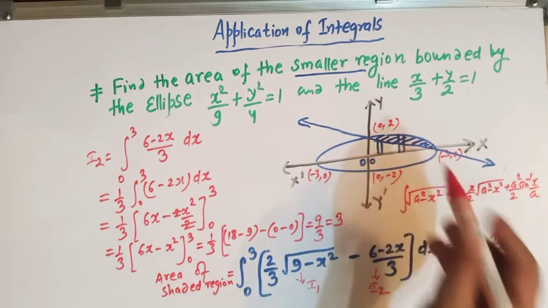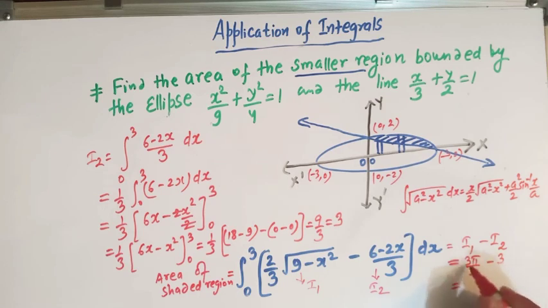this region, is 3 pi by 2 minus 3, or it can be written as 3 pi minus 6 by 2, or it can be written as 3 times pi by 2 minus 1 square units, right?